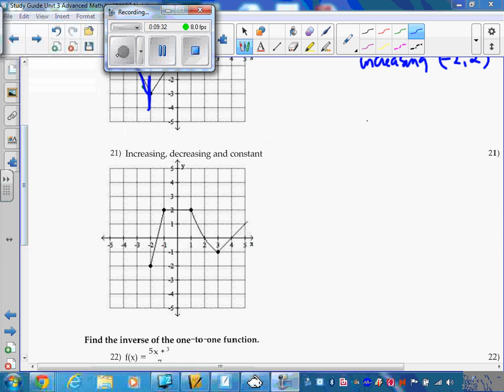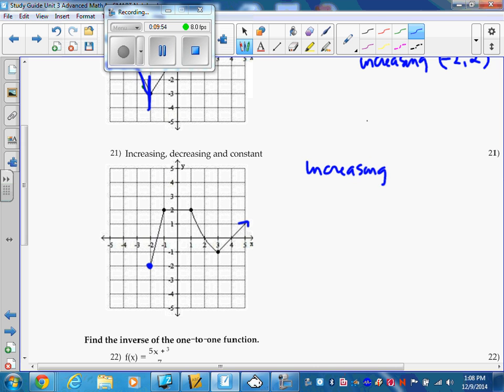Okay, 21. Increasing, decreasing, or constant. This one does stop. So maybe that was the confusion. This one has a definite endpoint. I made those really clear on the test, but this one goes on forever. So we have an increasing section first.